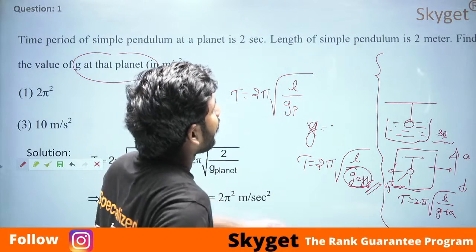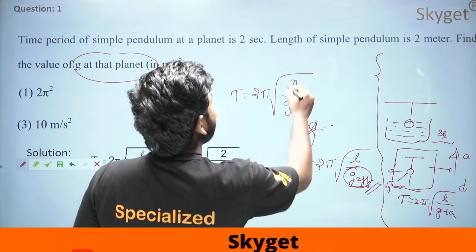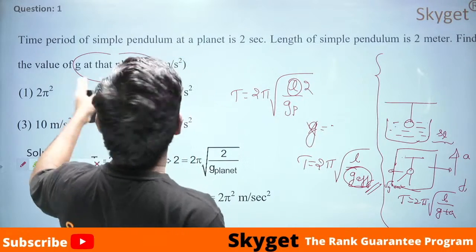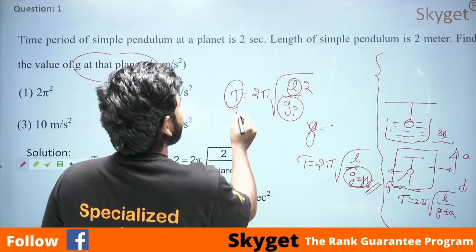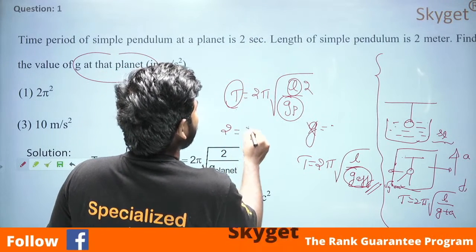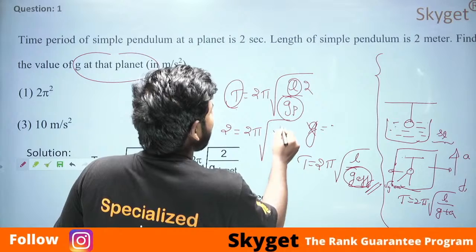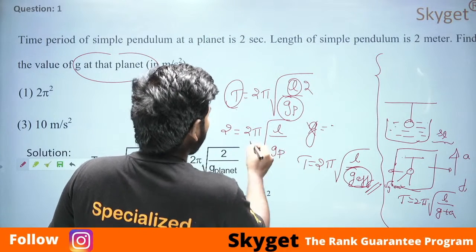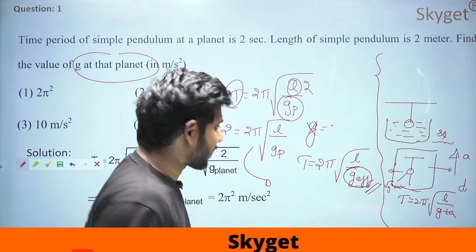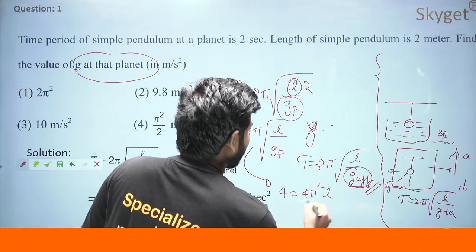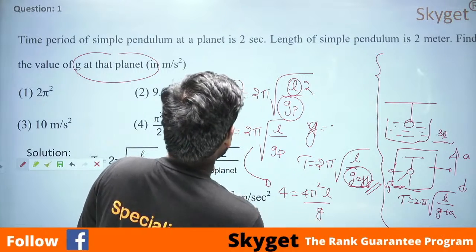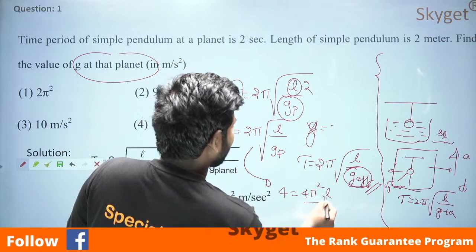L is given as 2 meters, and we need to find the value of g. The time period is given as 2 seconds. So 2 is equal to 2 pi root over L by g planet. If you square both sides, to make g the subject, 4 is equal to 4 pi square L by g.